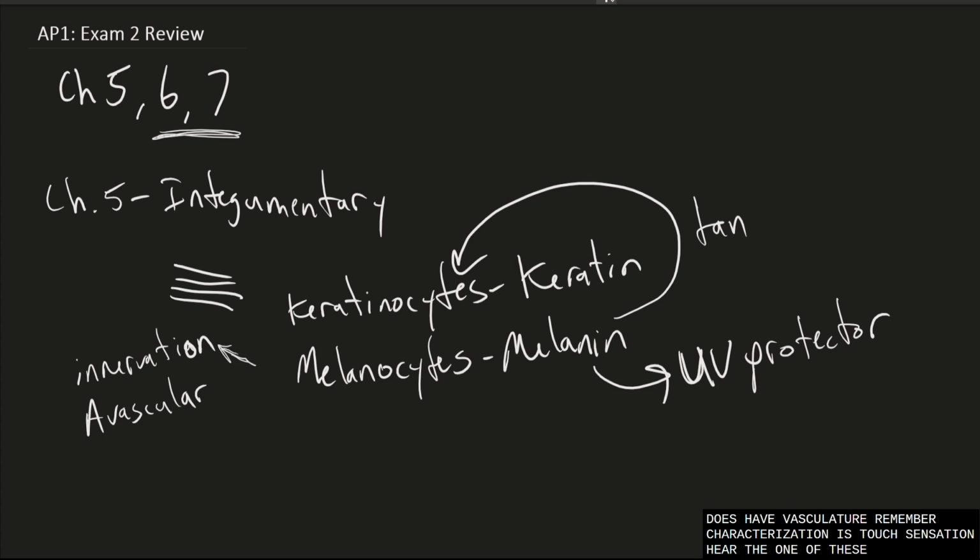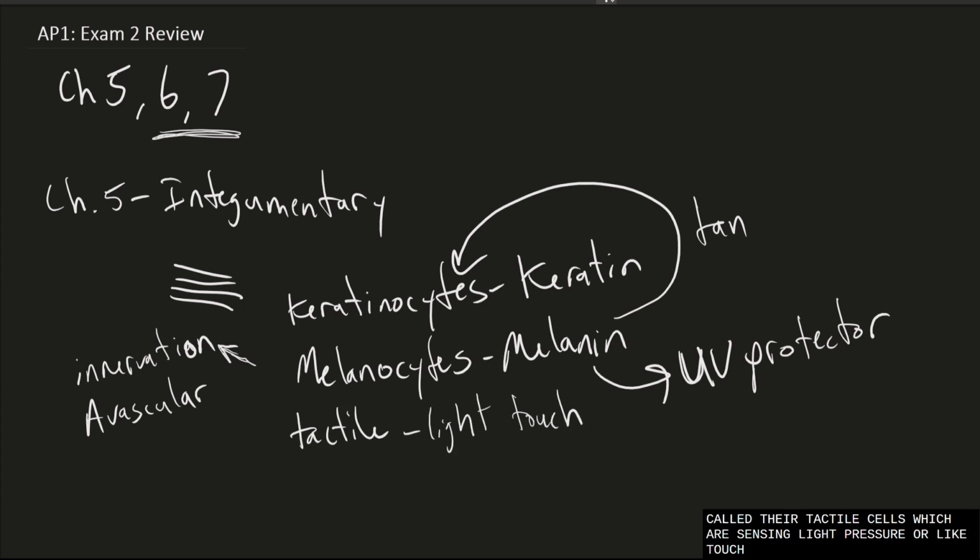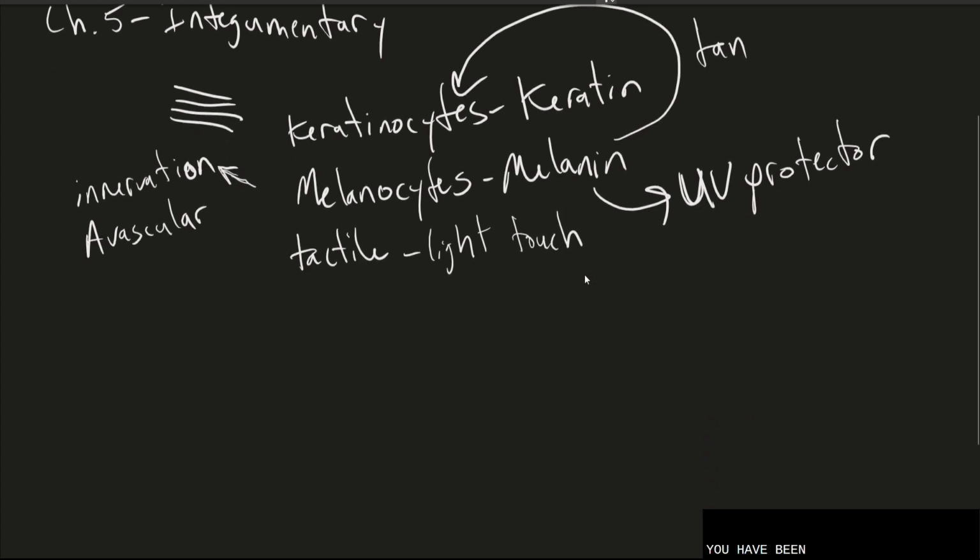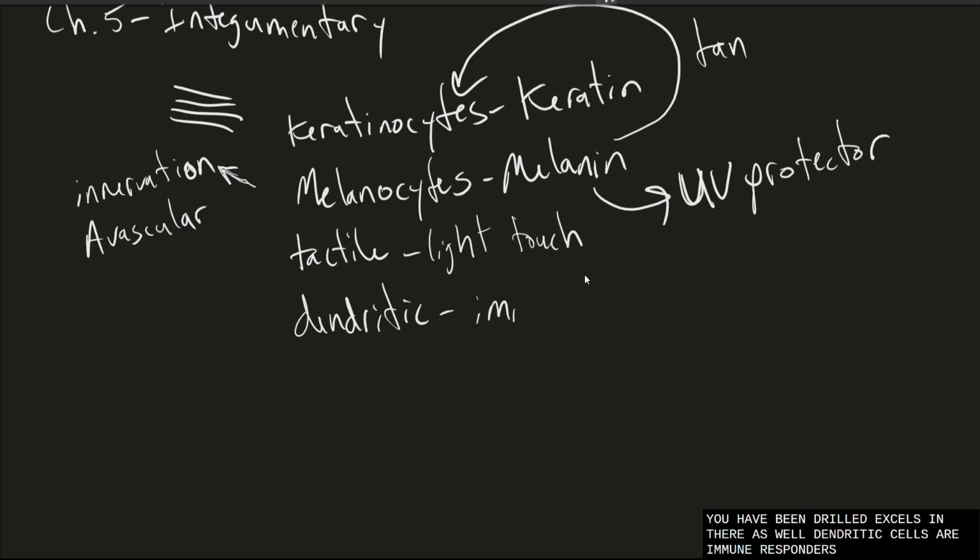So one of these cells are called the tactile cells, which sense light pressure or light touch. Then you have dendritic cells in there as well. Dendritic cells are immune responders. So you remember immune for that one.